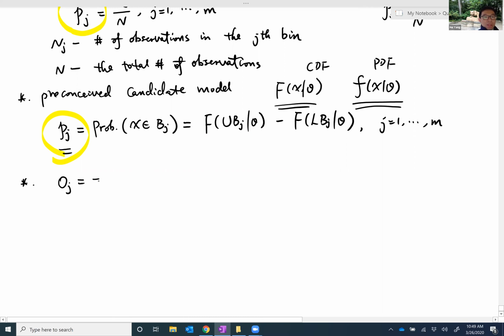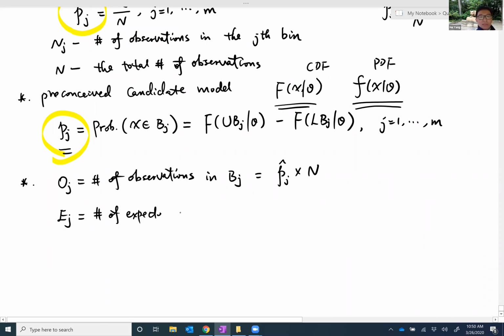OJ is the number of observations in bin J. So this will equal P_J hat times N. And the expected observation, this is the number of expected observations in bin J. This will equal P_J times N. So this is expected, and this is what you observe.